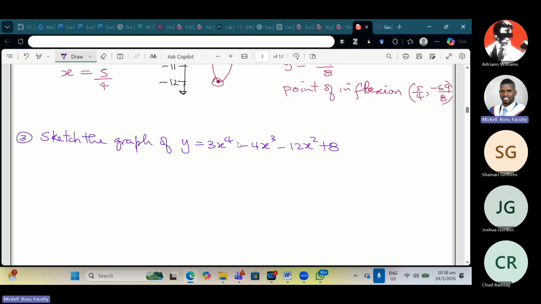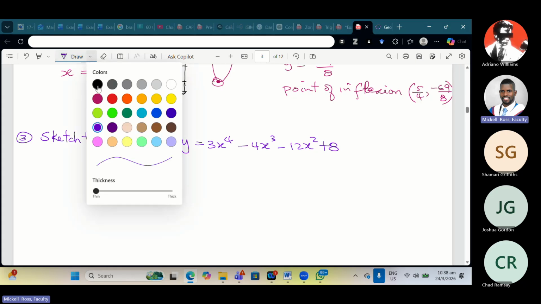One of the things that we won't necessarily do right away is to say, okay, let's factorize this to also find the x-intercept.